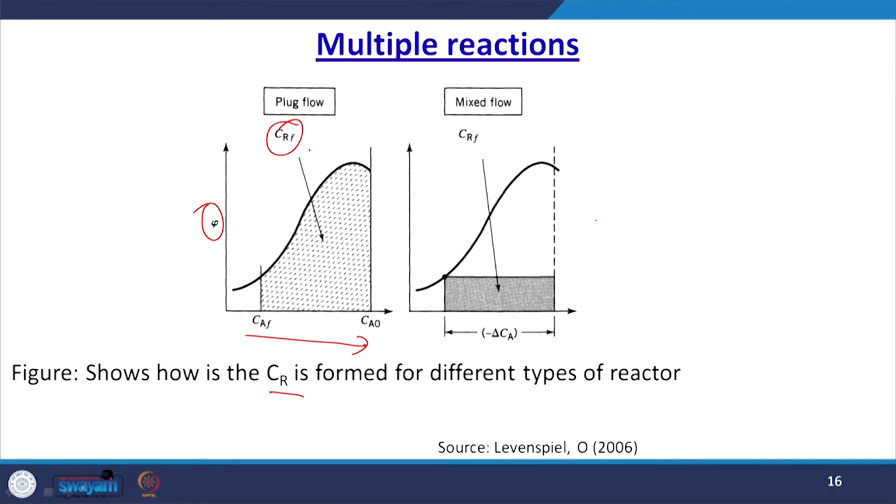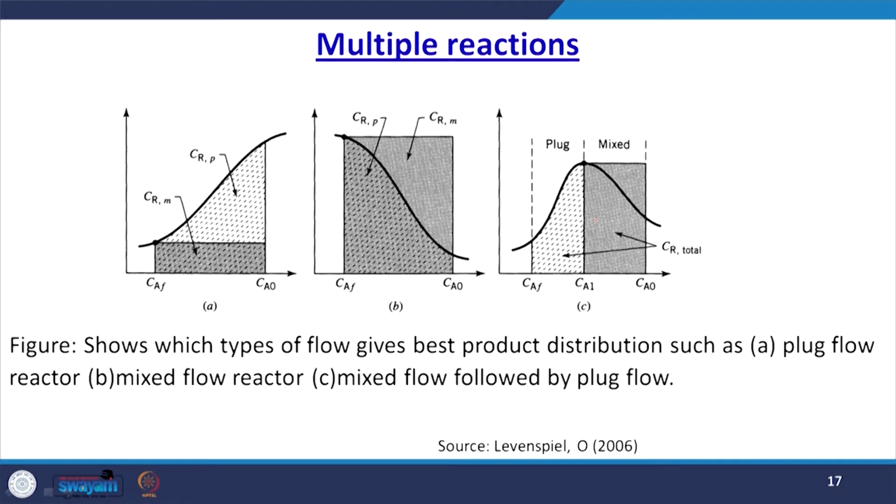So when we talk about the overall performance of any type of reactor, the plot of the concentration of a reactant versus Chi is always useful to give the proper reactor configuration or proper reactor battery design. Sometimes this approach again gives you an idea of what the best product distribution profile is.